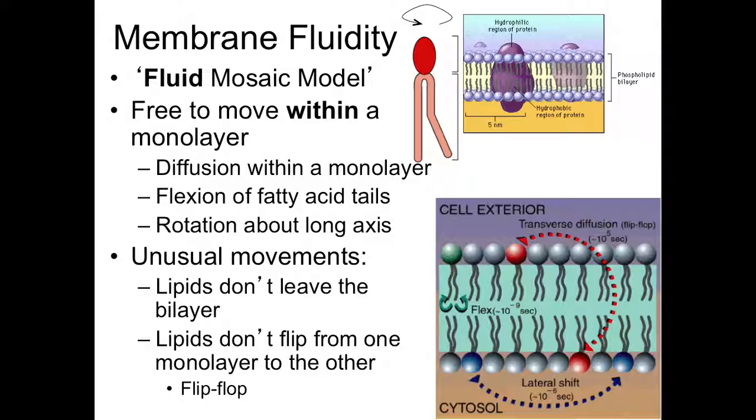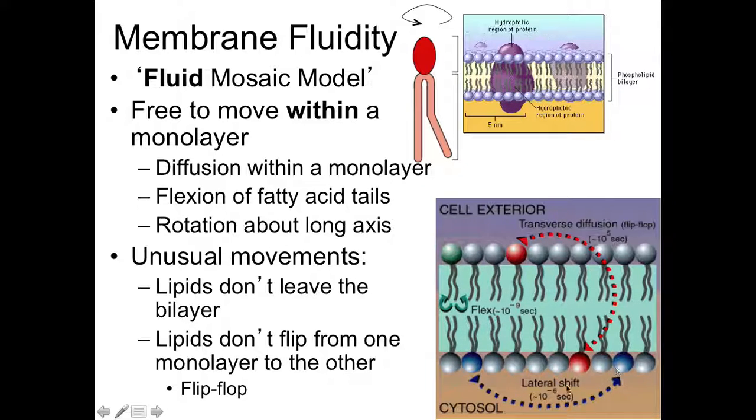So in the ER, where you have lipids being synthesized, you actually have enzymes called flippases, and they're responsible for flip-flopping. You also have some flippases in the plasma membrane that are responsible for synthesizing certain phospholipids, but we're not going to talk about that. Okay, so flip-flop is very rare, though it does occur.